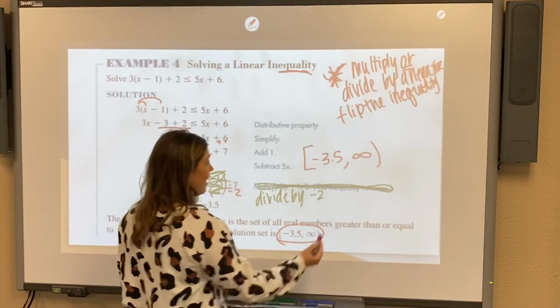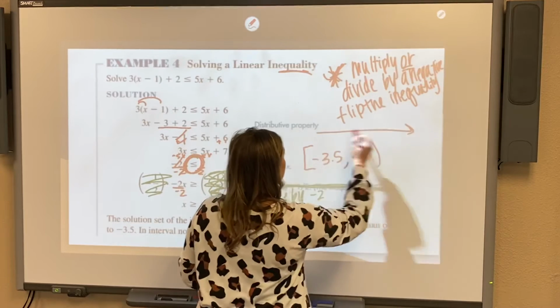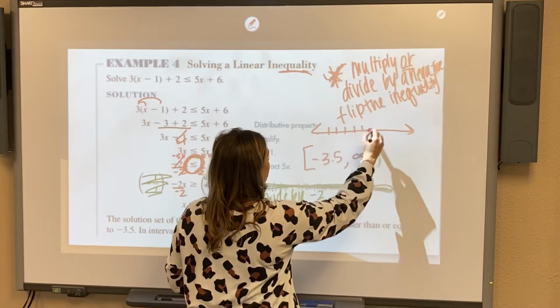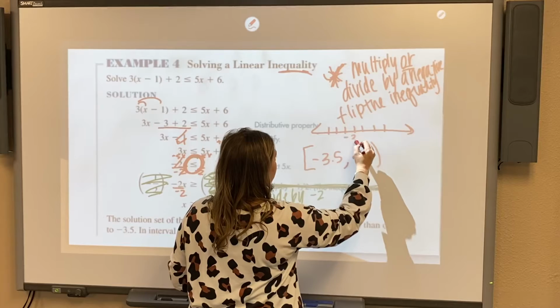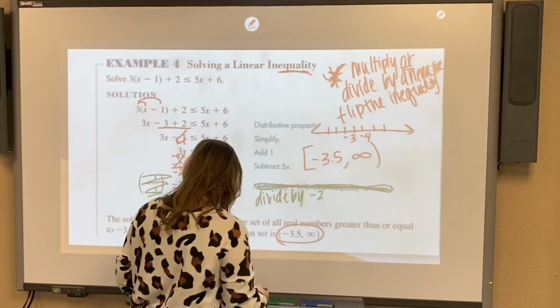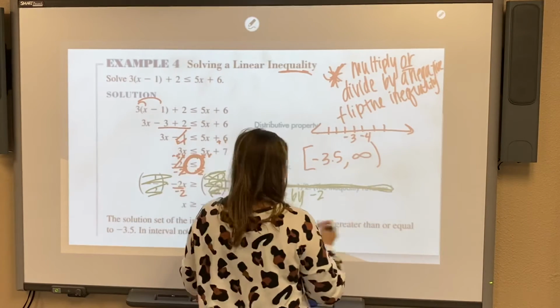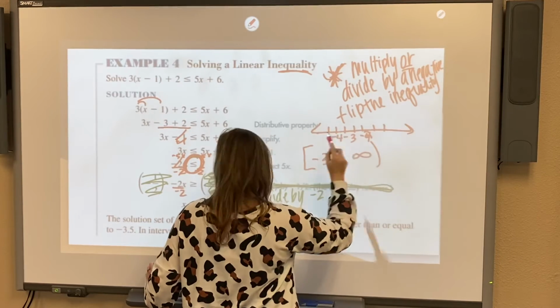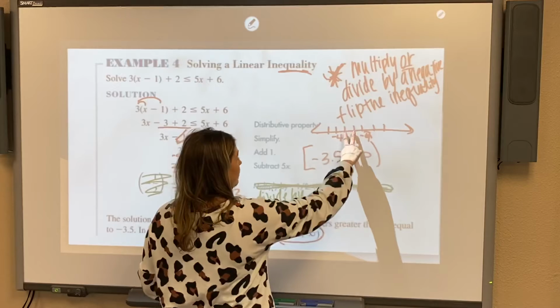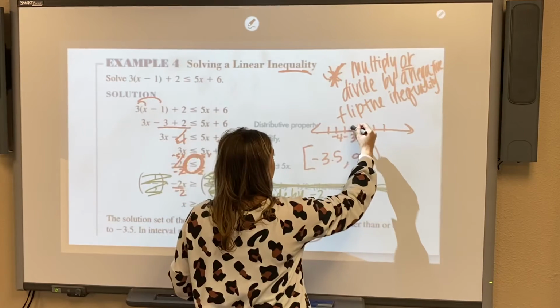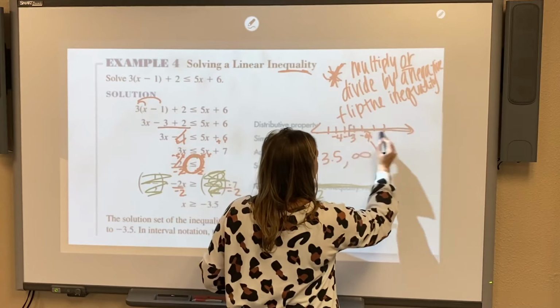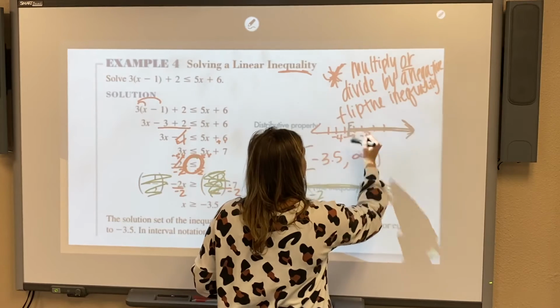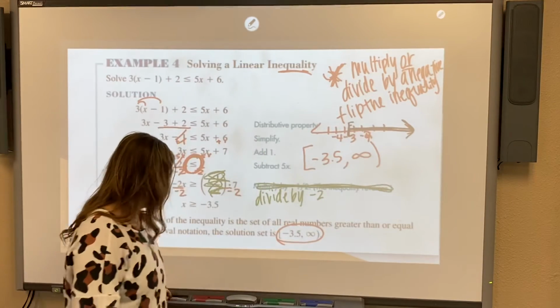And then if we were to graph this on a number line, we would go to negative 3 and then negative 4. So between negative 3 and negative 4, it's going to be a bracket, and it is going to go this way. Bracket because it's included.